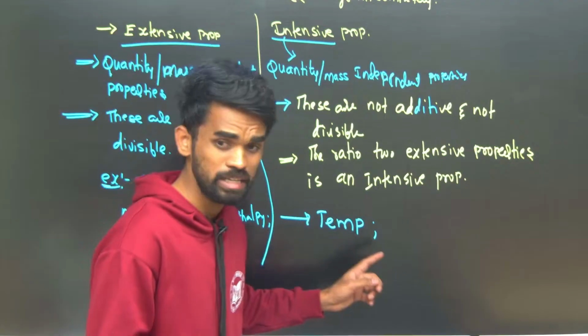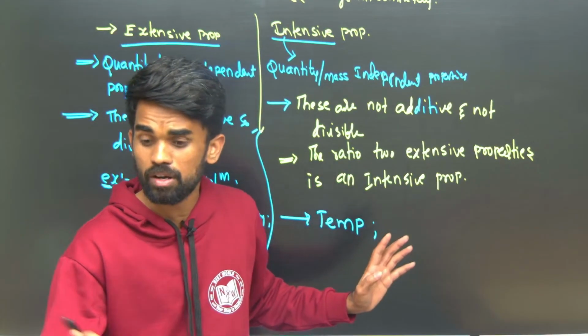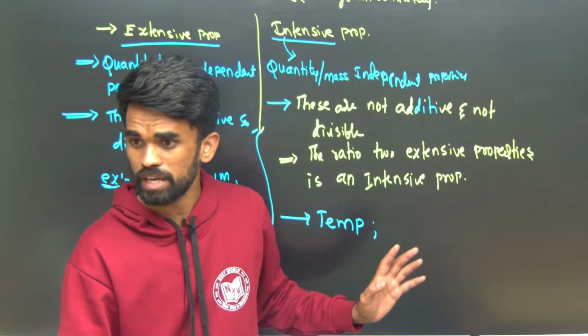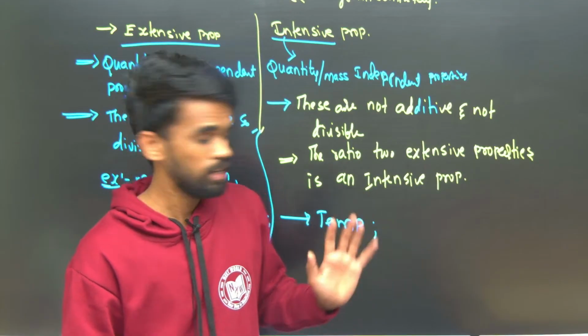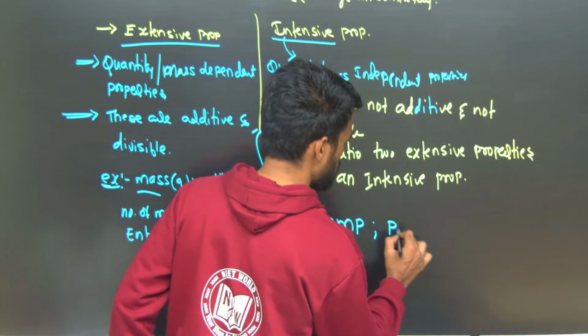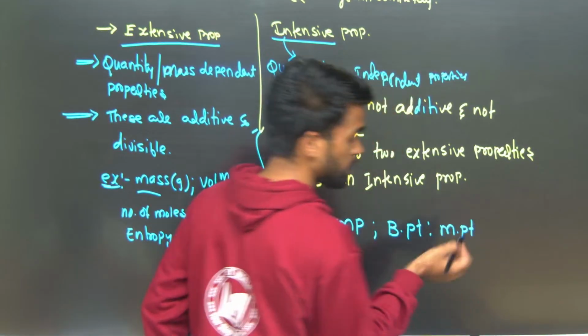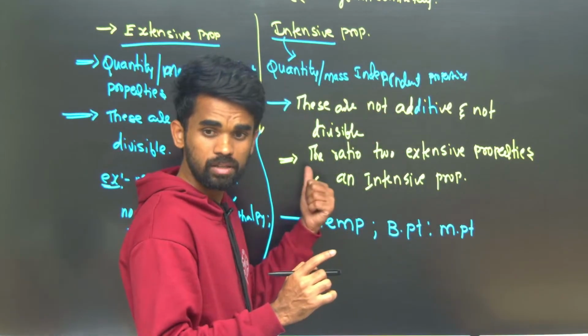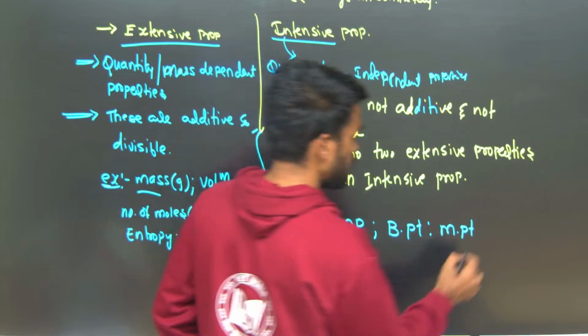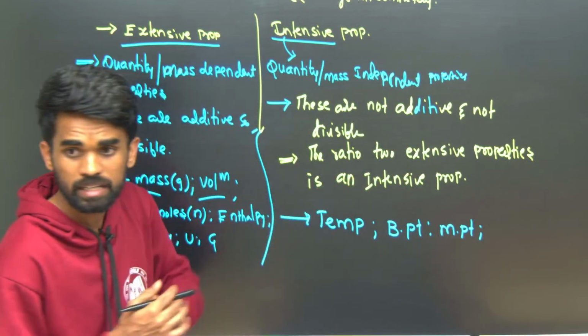So boiling point is quantity independent, it does not depend on how much water you are taking. So it is independent of mass or quantity. So I can say it is an intensive property, like boiling point, melting point, and freezing point, all this comes under intensive properties.